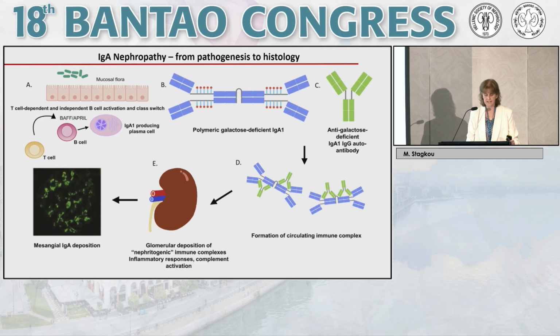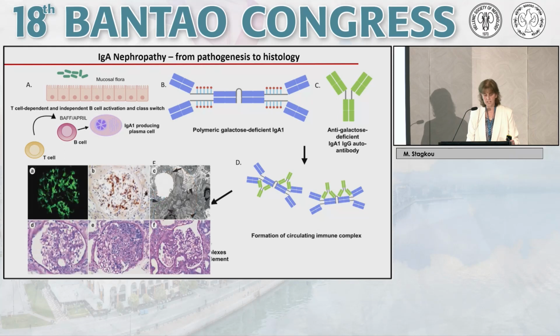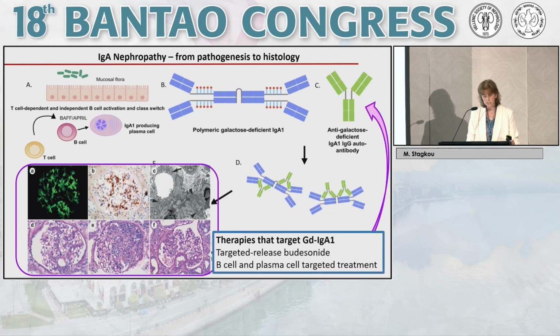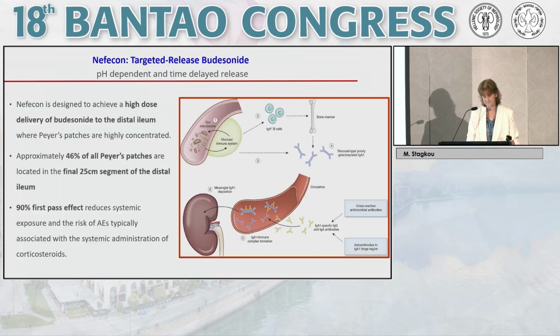So we come again to the treatment approach. If we say we are not going to aim at the histology, but we are going to aim at the pathogenesis of the disease, we have two options: target the deficient glycosylated IgA immunoglobulin, either with targeted release budesonide or with B-cell and plasma cell targeted treatment. And what about Nefecon?